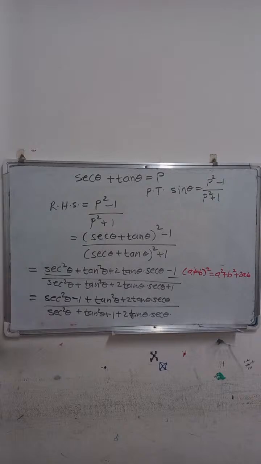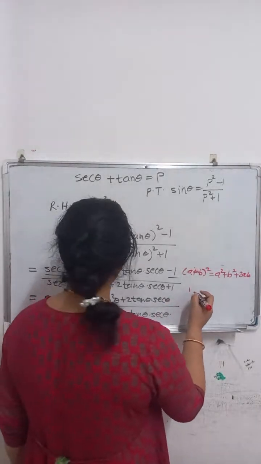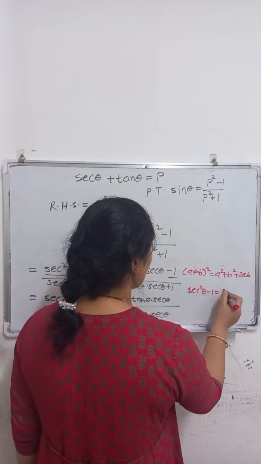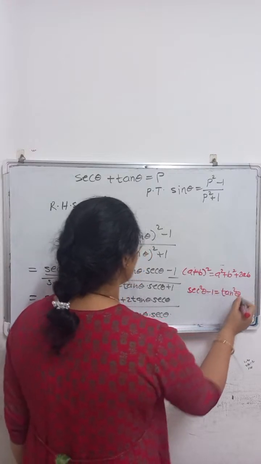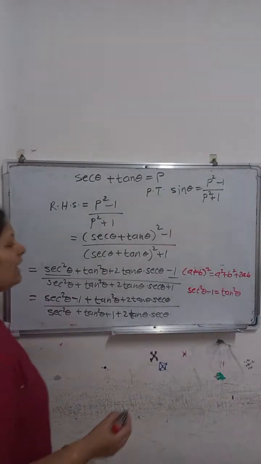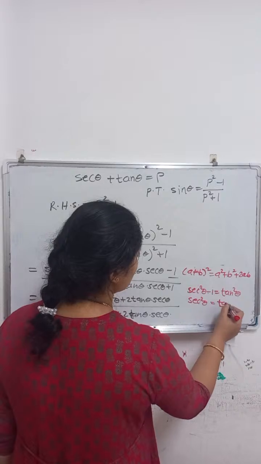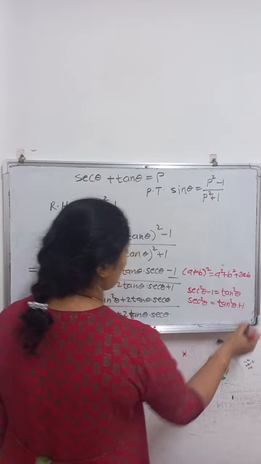Okay, now we know the identity. Which identity do we know? Here we know that sec square theta minus 1 is nothing but what? Tan square theta. And sec square theta is nothing but what? Tan square theta plus 1.